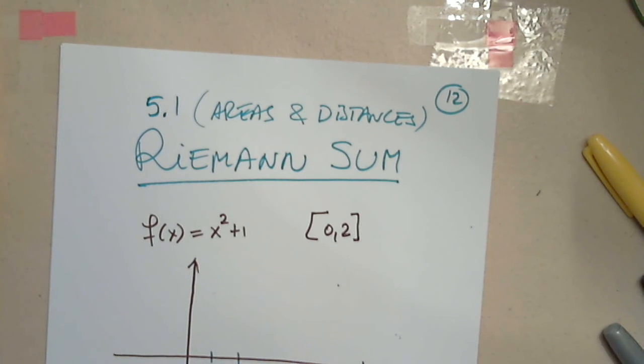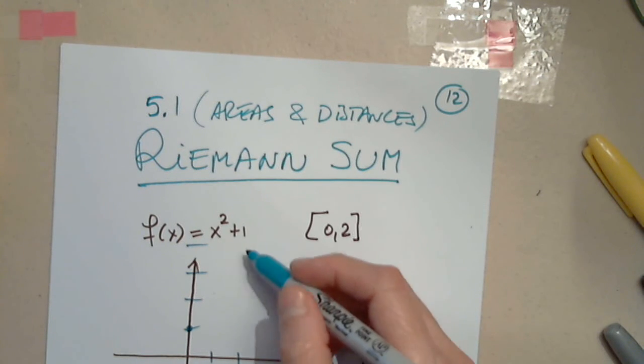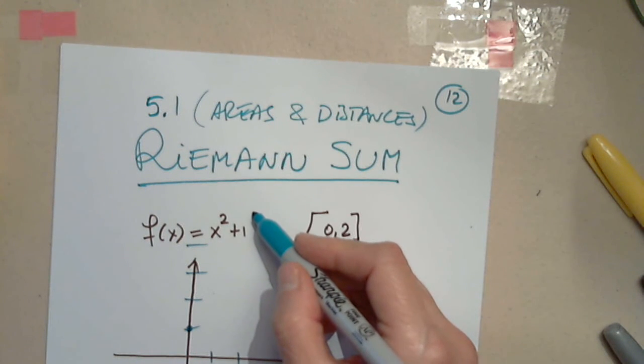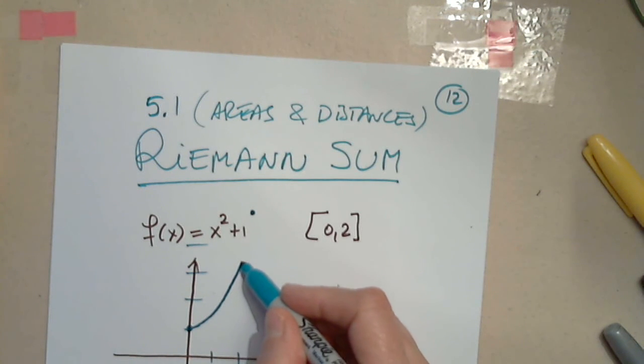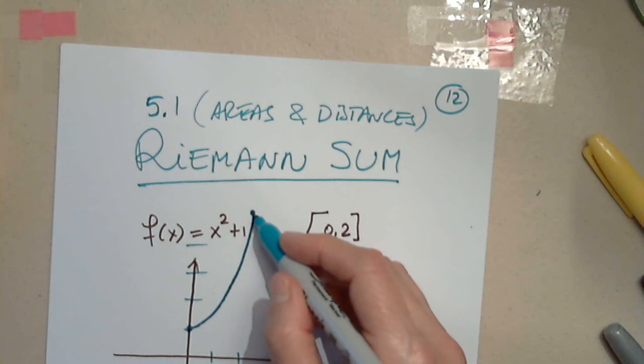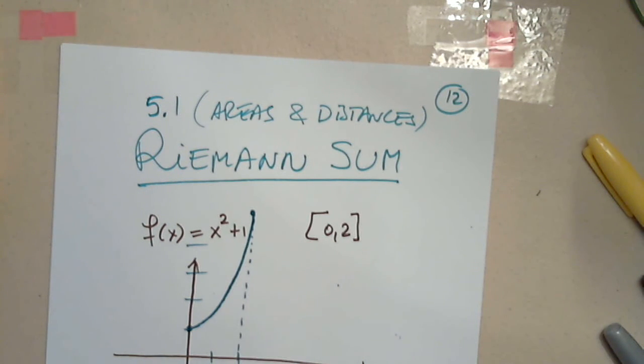So when x is 0, y is 1. When x is 2, 4 plus 1 is 5. So somewhere up here. This is the interval 0 to 2.